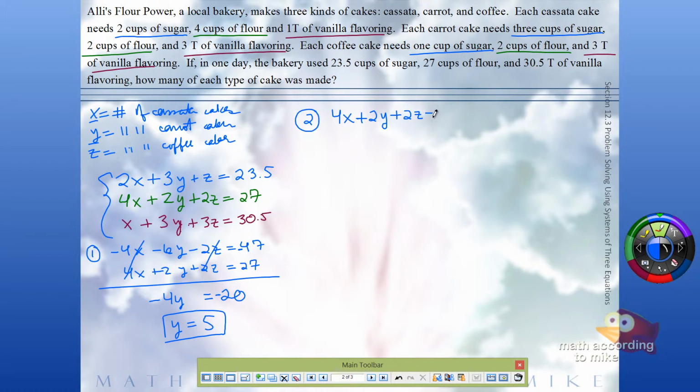And what am I going to have to multiply the last one by to get rid of x? Hopefully you said -4. Doing so, I get -4x minus 12y minus 12z equals, I think that's -122.